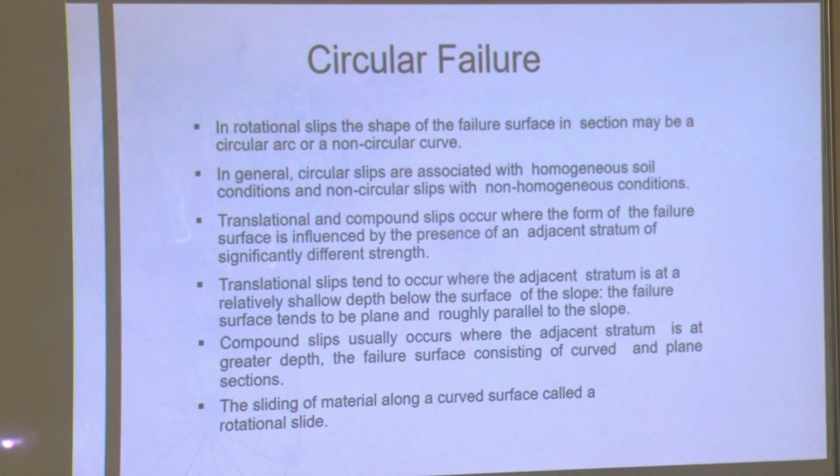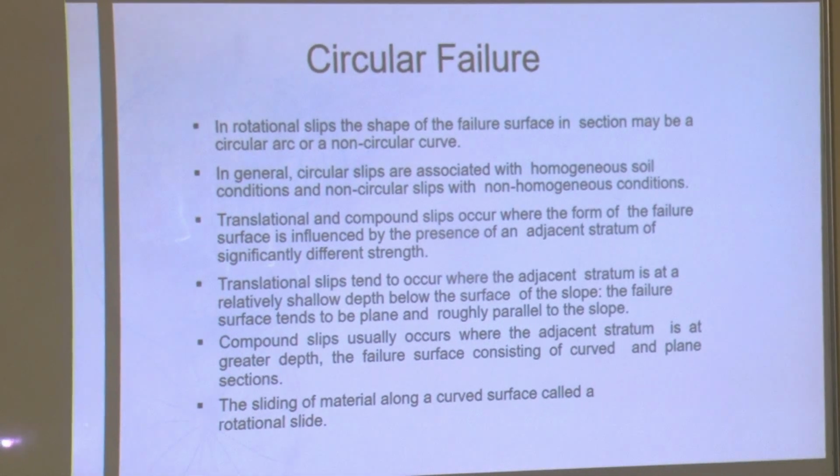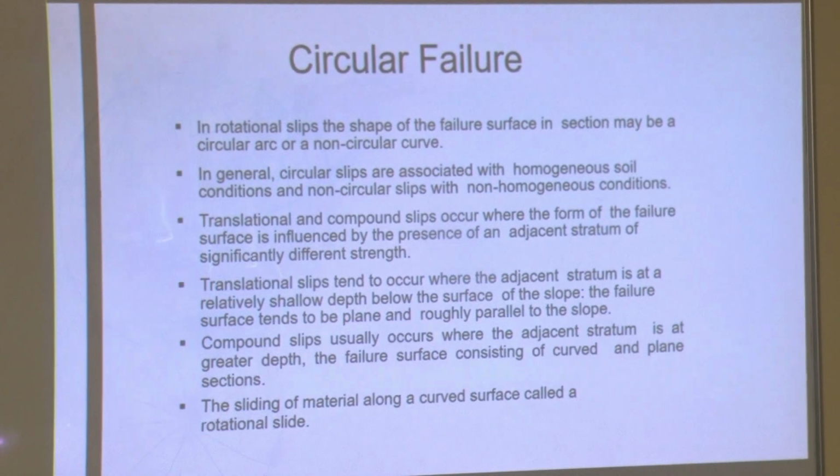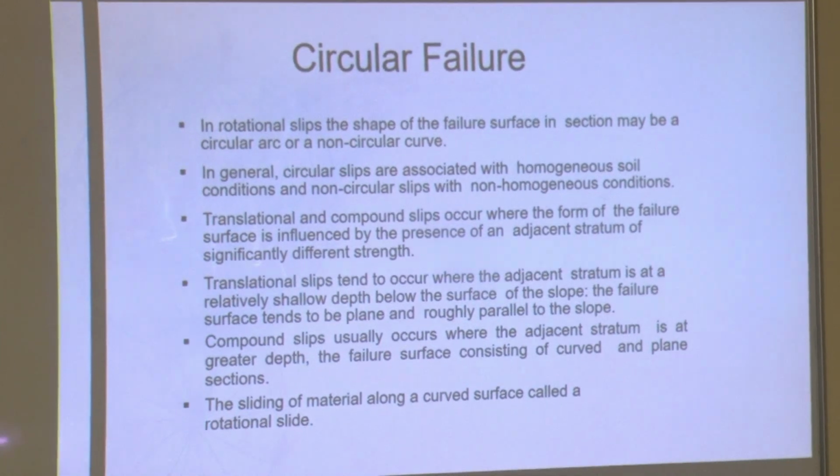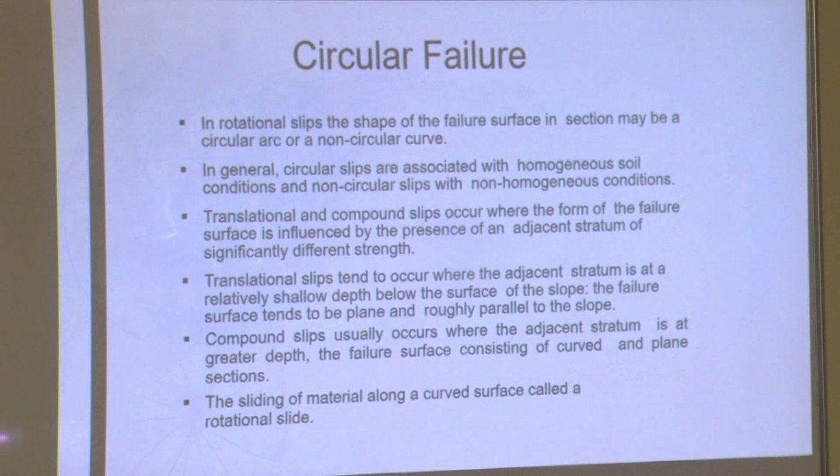That is what we mostly deal with. In circular failure, the beauty in the circular failure is the equation is indeterminate. I have already told you. Generally, what happens for a circular failure?